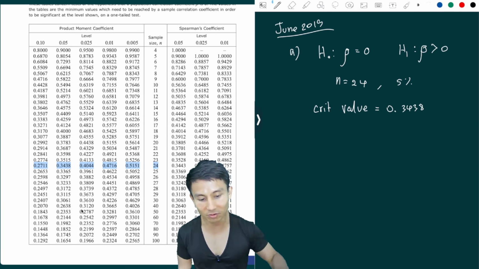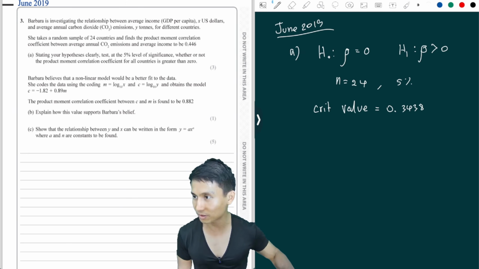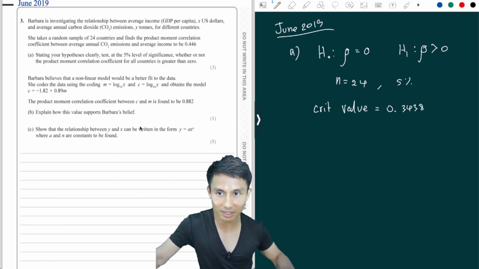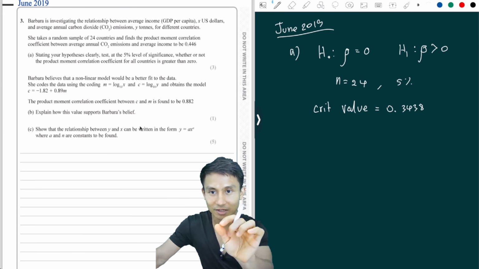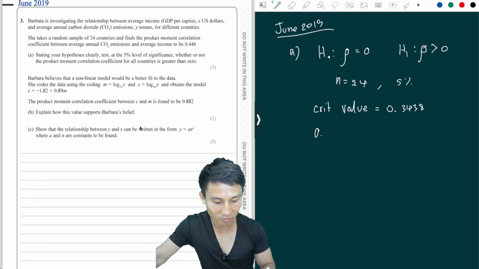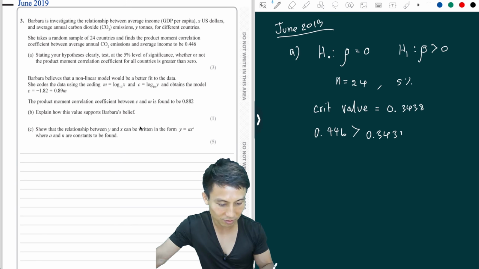Now, here we got our critical value. We're just going to go back to the question paper. As we can see, the calculated product moment correlation, 0.446, is greater than the critical value.